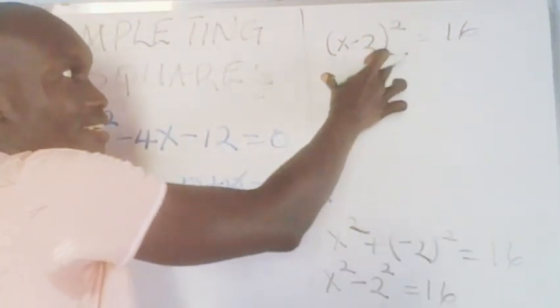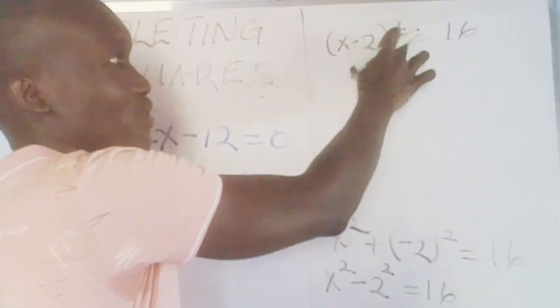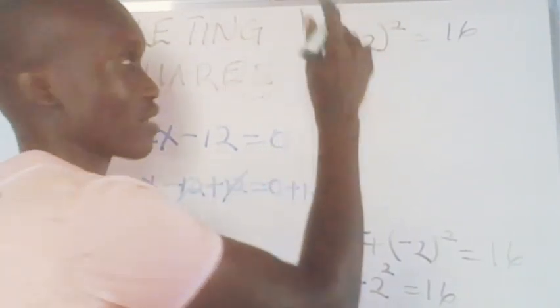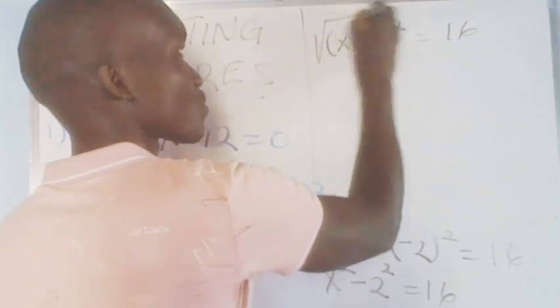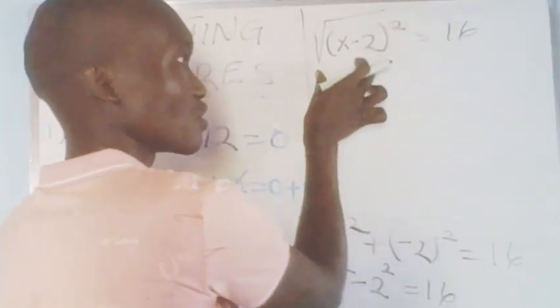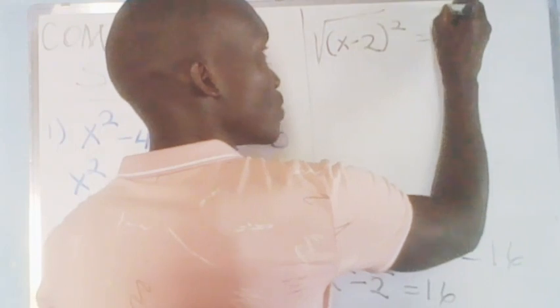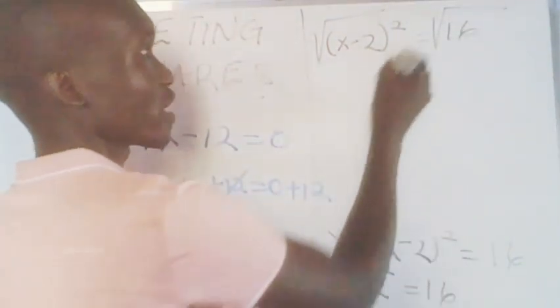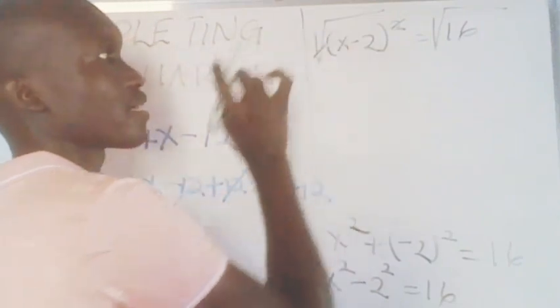Now when we reach here, the square is the same as the square root, so we are going to simply introduce the square root sign. What we introduce on this side, we introduce on the other side, so that the square and the square root sign will cancel.